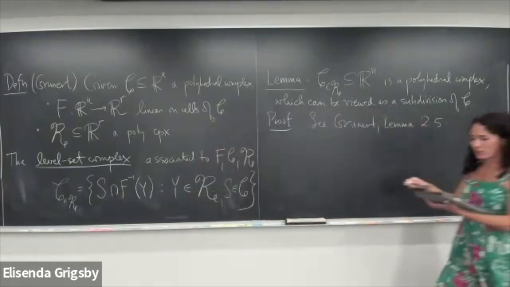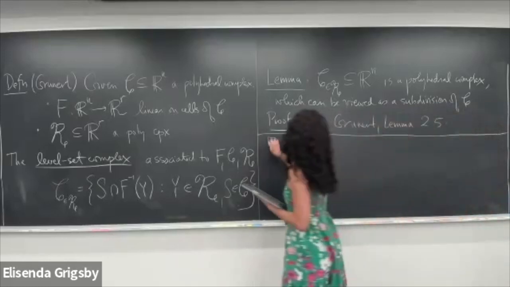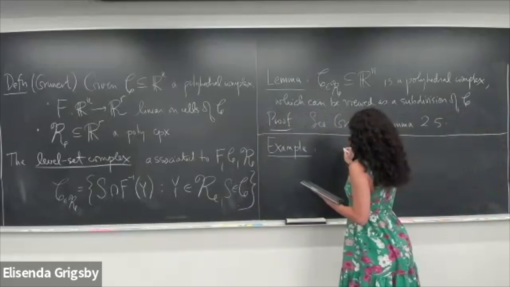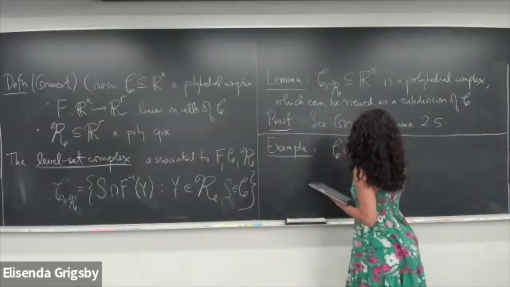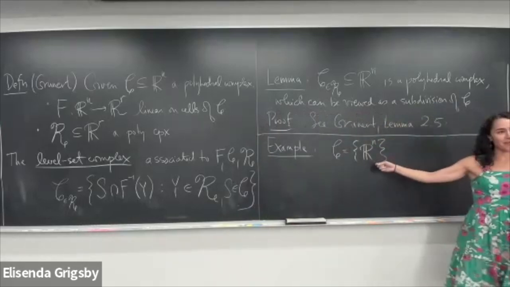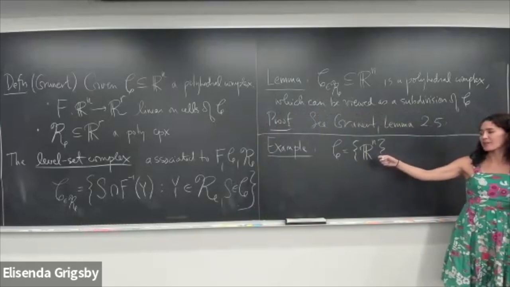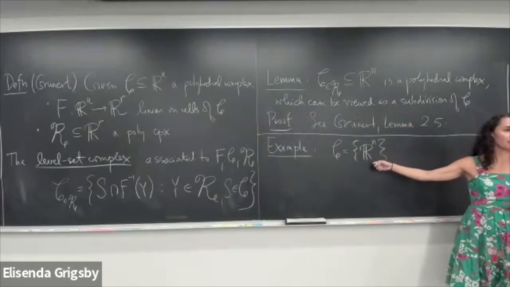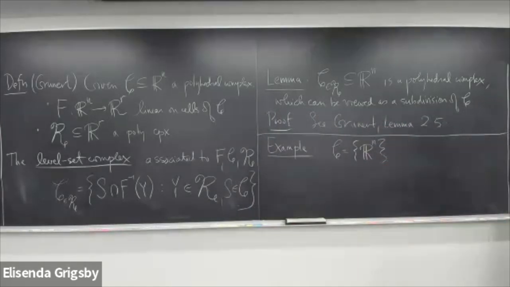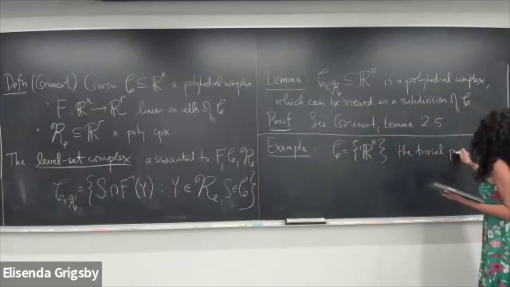So let's start with C. It's a polyhedral complex, but it's a trivial one. You're just taking all of R^n as a single cell. So this is like the trivial polyhedral complex.